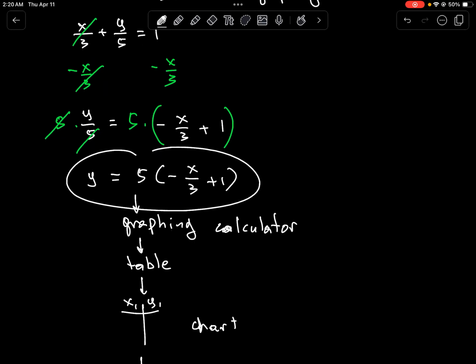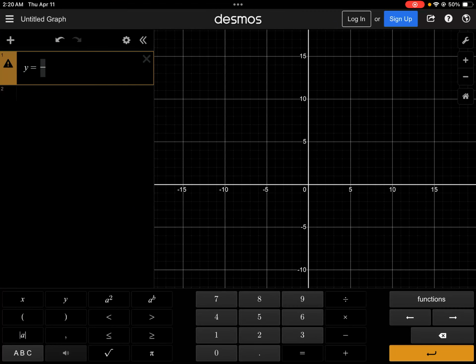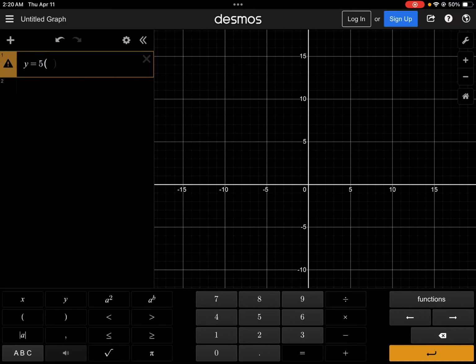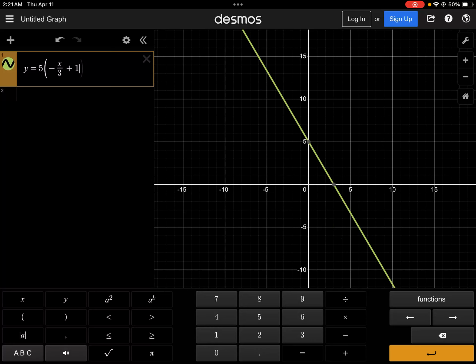It says first 5 times parenthesis, fraction line, and negative, which is actually before the fraction line, so it's negative x over 3, and then I have plus 1. Okay, this is what I start with.